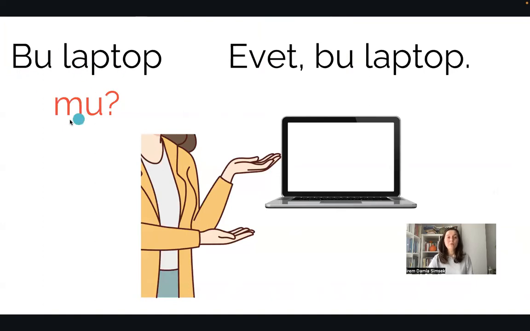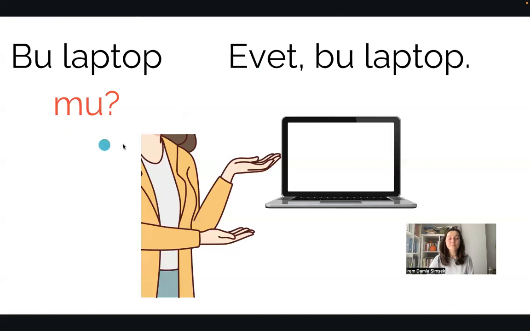When you add this mu, it makes a yes-no question. So the answer is, evet, bu laptop. Evet means yes. Yes, this is a laptop. Bu laptop mu? Repeat after me. Bu laptop mu? Evet, bu laptop.